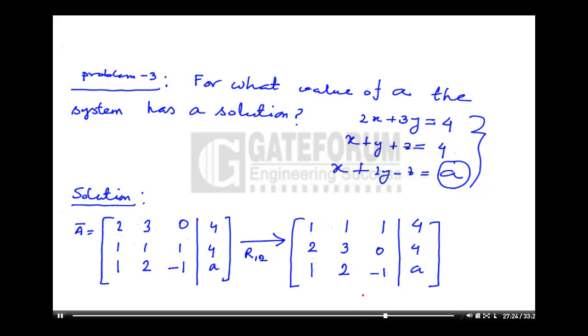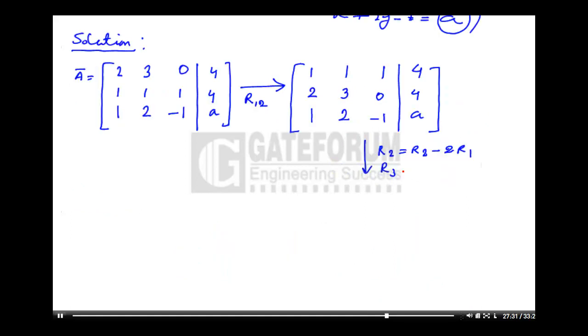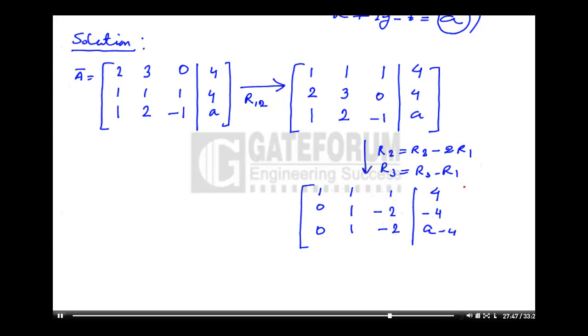Next apply R2 equal to R2 minus 2 R1 and R3 equal to R3 minus R1, and we get the resultant matrix as this: 1 1 1 1, -2 -2, and here we get 4, -4, A minus 4.